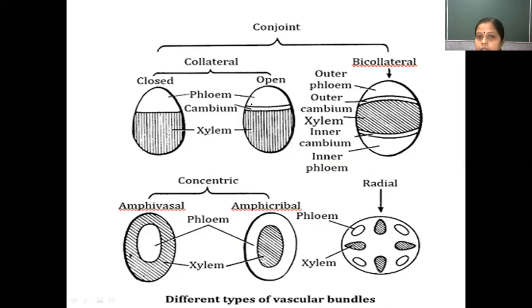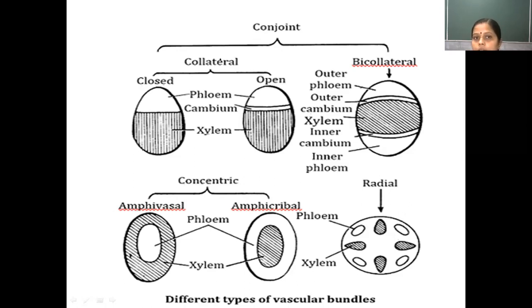If the xylem and phloem are found on the same radius, then it is called a conjoint vascular bundle. If only a single layer of phloem and xylem elements is found in the tissue system, then it is said to be collateral.